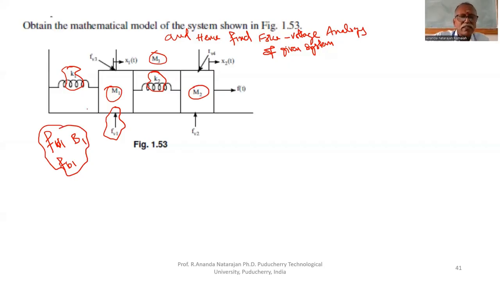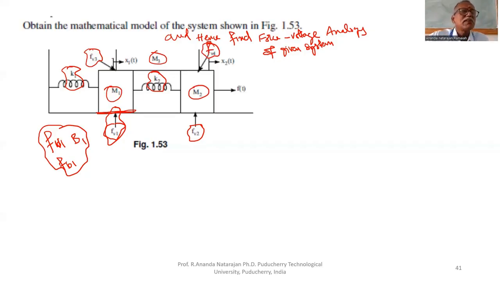Sometimes they will put it like this. That's why I took this out. Because of frictional force, this dashpot effect will be there. That is mentioned as FV1. Here FV2. Between two masses also that is mentioned. They mentioned FV3 and FV4.